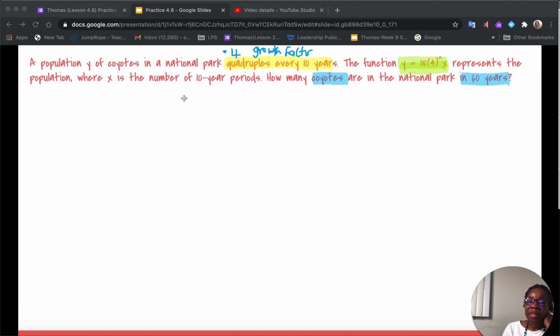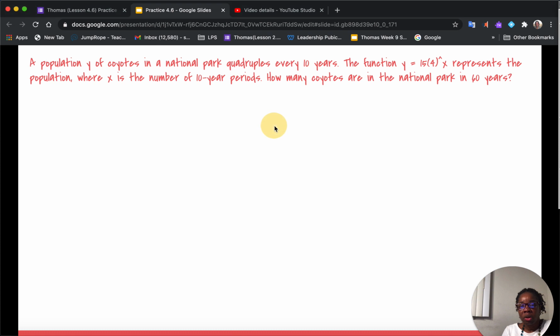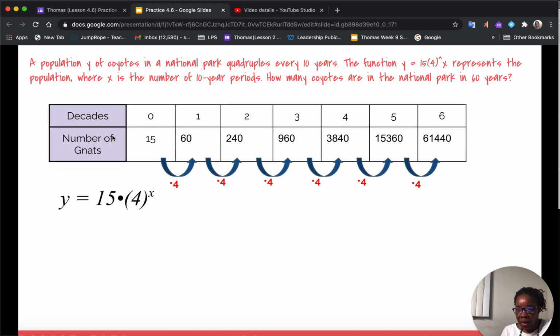So knowing that this is an exponential equation they gave us, I just really like the strategy of using a table to give me a visible picture of how the population is increasing and just applying the information that I know. So constructing a table of values, every 10 years is called a decade.